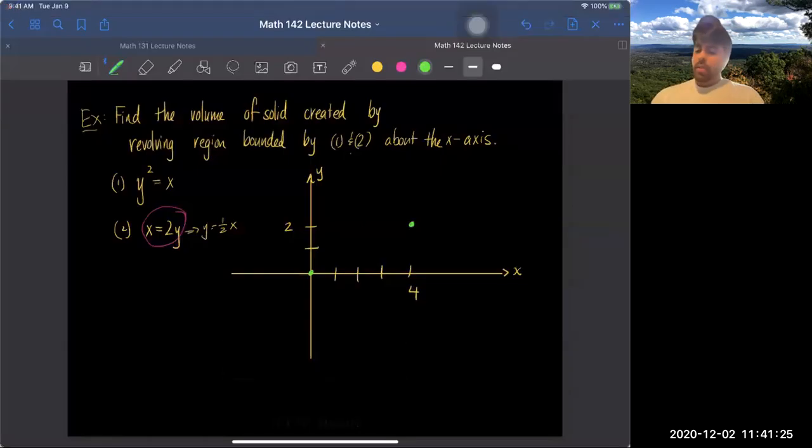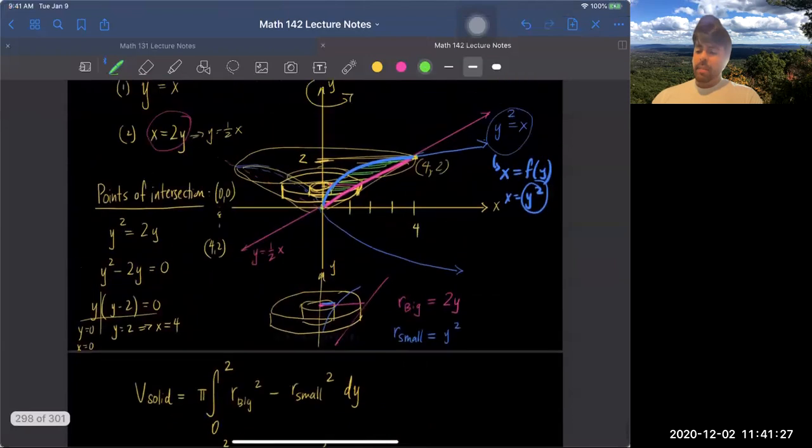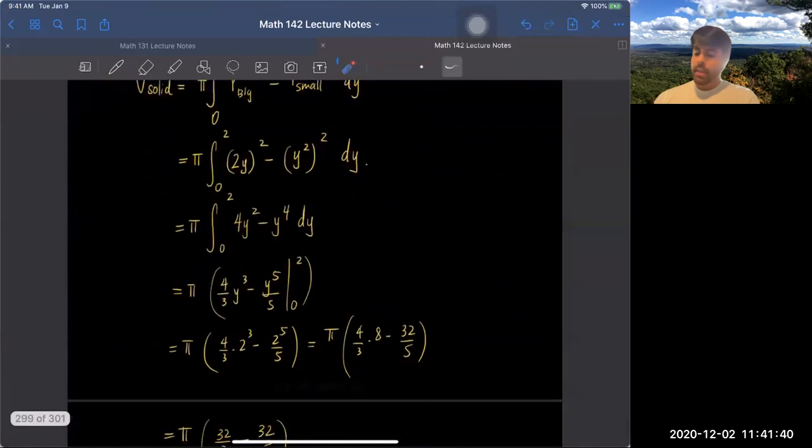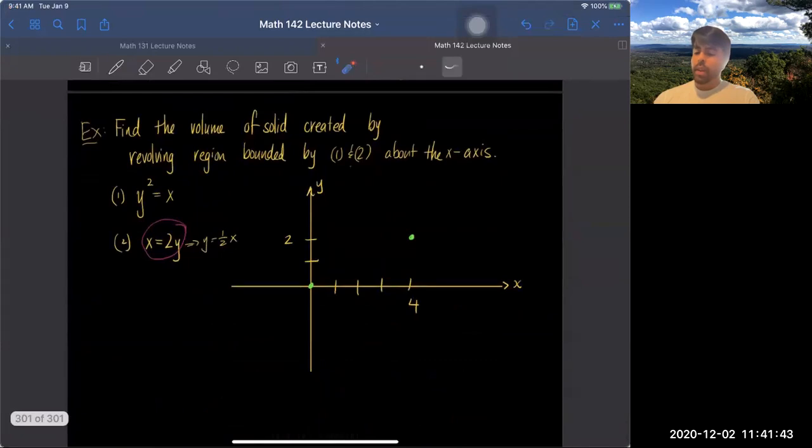So all I'm doing now is taking the same exact problem that we had here, where we took this region and revolved it around the y-axis. I'm taking the same region, but now instead of revolving it around the y-axis, I'm revolving it around the x-axis, and we'll see the difference. We already know what it looks like, right?